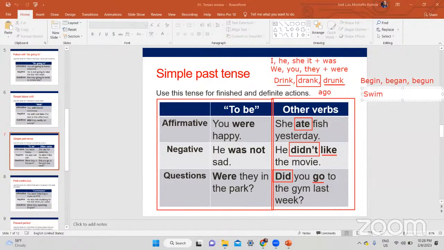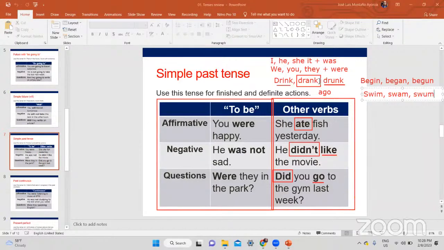Swim. What is the simple past of swim? Swam. And what is the past participle? Swum. Exactly. So remember, the i becomes an a and the u is an a.